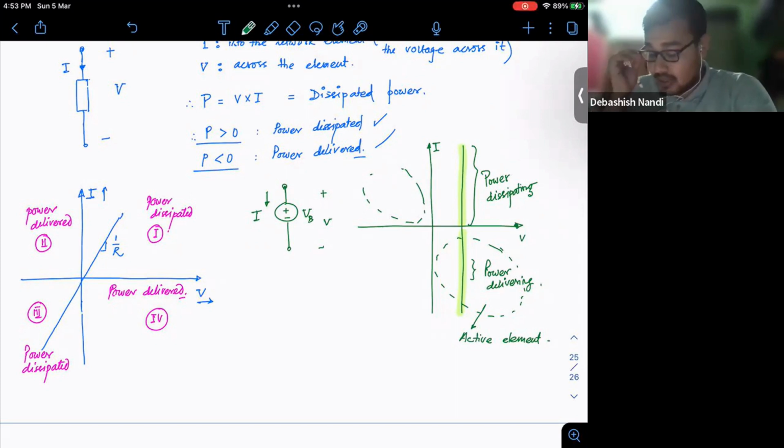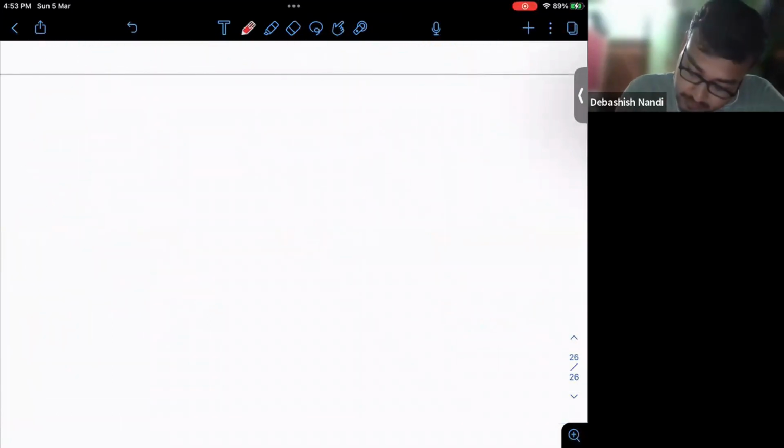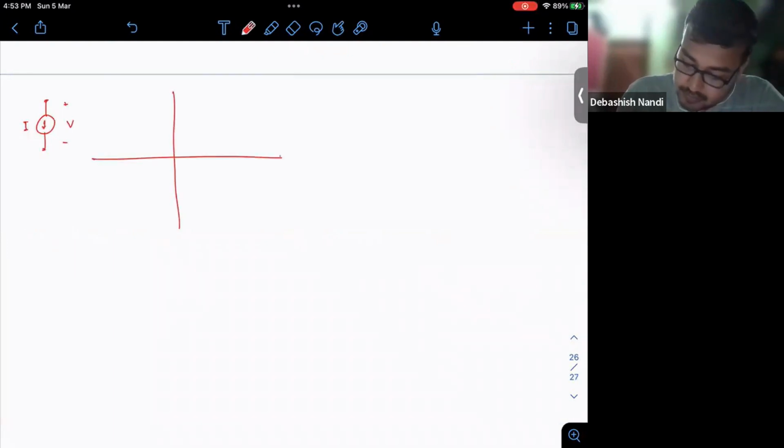Now current source, similar. Let us do the current source also. Suppose this is I0, this is I, so it is I0.